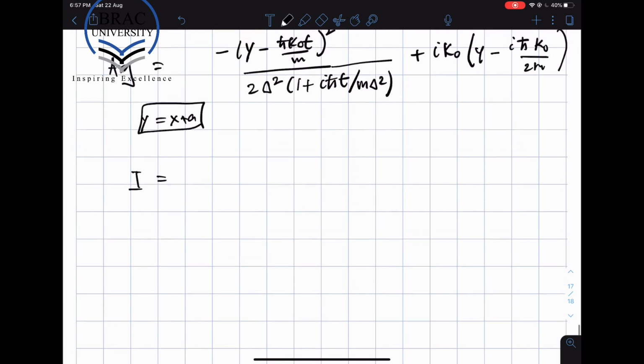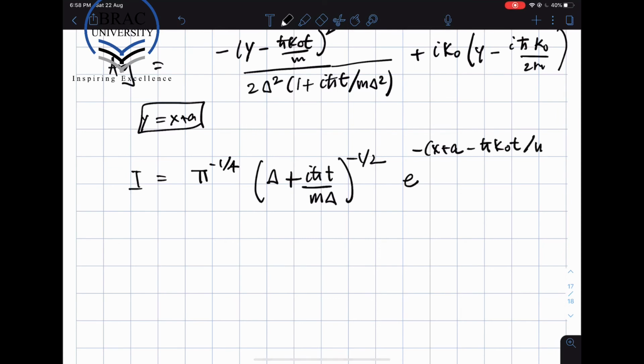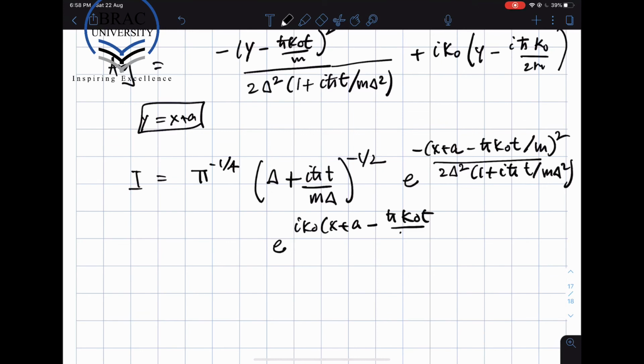So when we do that, I get pi to the power minus 1/4, delta plus i h bar t by m delta, to the power minus 1/2, and then I get e to the power minus x plus a minus h bar k0 t over m, whole squared, divided by 2 delta squared times 1 plus i h bar t by m delta squared, times e to the power i k0 x plus a minus h bar k0 t by 2m.